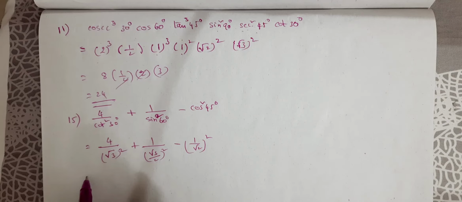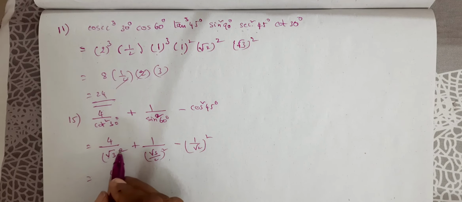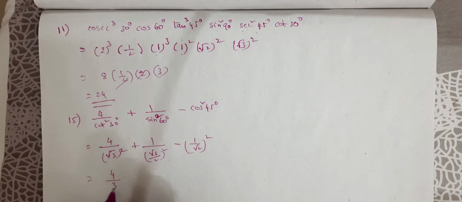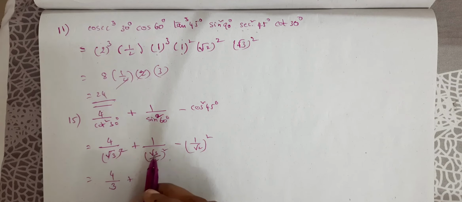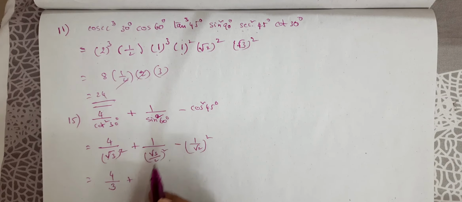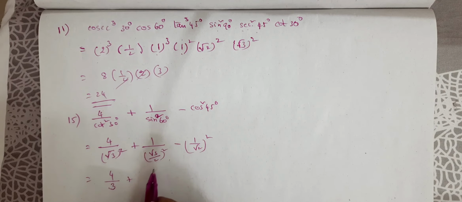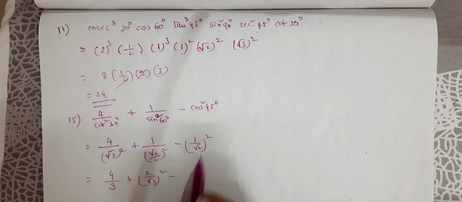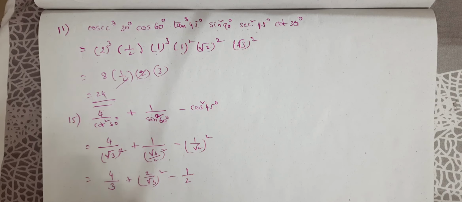Okay, so now 4 by root 3, the root and square will get cancelled here. 4 by 3 plus this one you can reciprocate, right? So root 3 by 2 can be written as 2 by root 3 whole square, minus 1 by root 2 whole square is 1 by 2. So next step, 4 by 3 plus 2 square is 4 by again root 3 whole square is 3 minus 1 by 2.